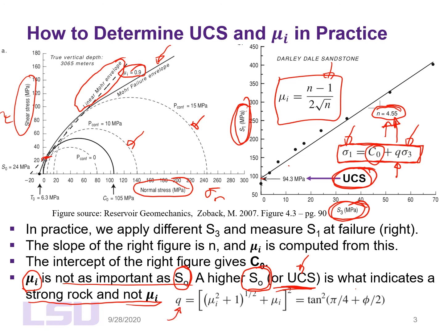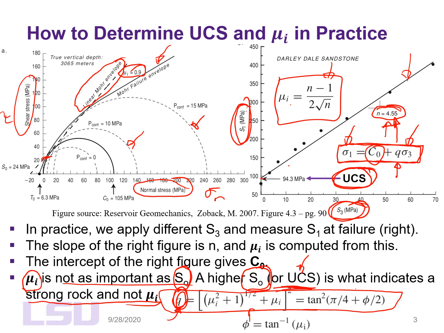And we can write Q in this form, which is the slope of the equation, or N, and that's it right here. And that's how we're able to find mu I from the slope of this form of the equation. It's just another way of writing the same Mohr equation, and you will see tau being written in this form instead of what you had on the previous slide.